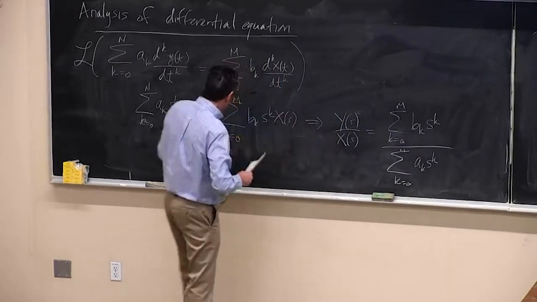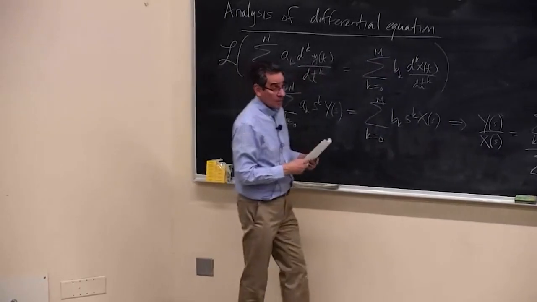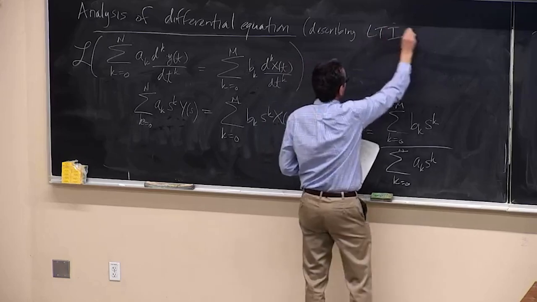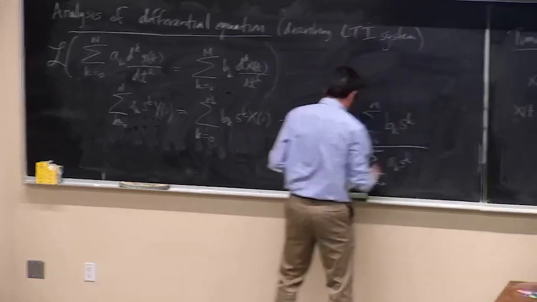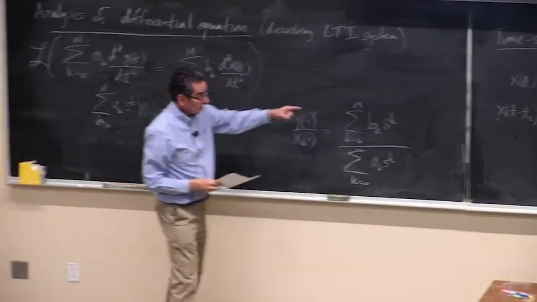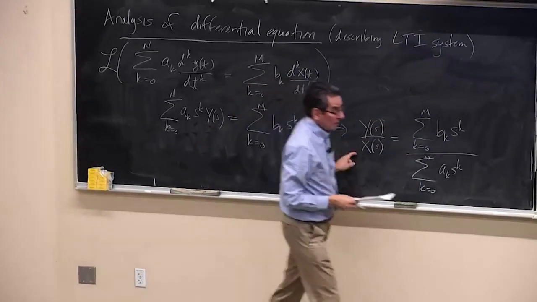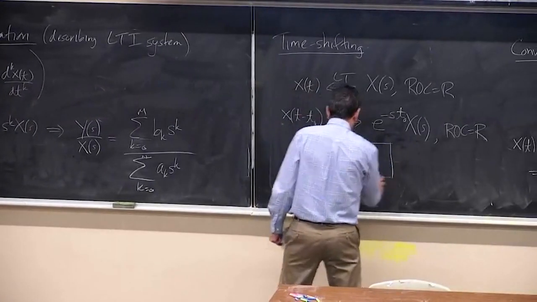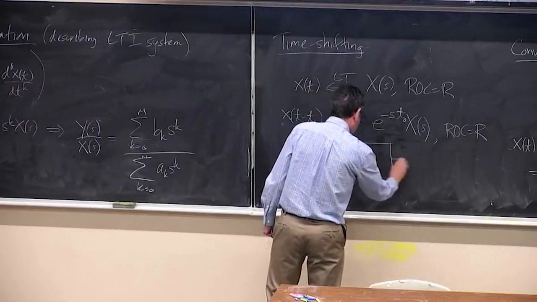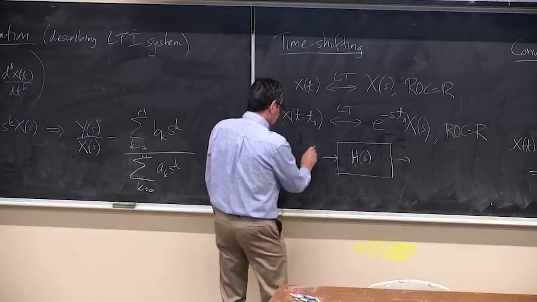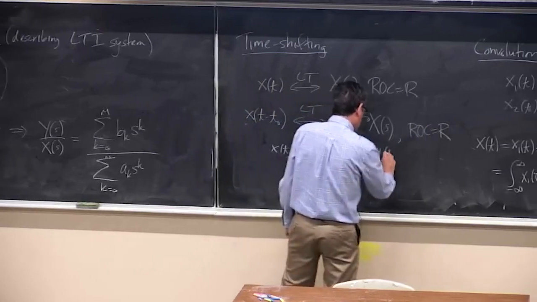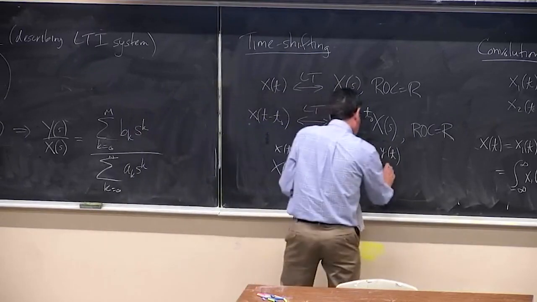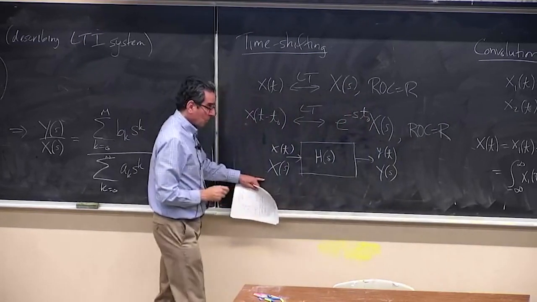But I should point out, if we are thinking of this as the input and output of an LTI system, then from the convolution property, if H(s) is the system function of our system, and we're putting x(t) in and getting y(t) out, related by this differential equation, then the input Laplace transform is X(s) and the output is Y(s).